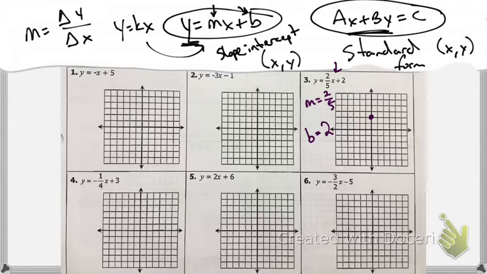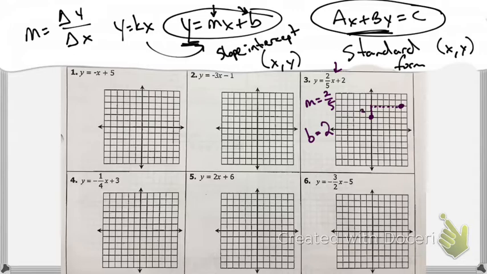But I know that the slope tells me that the relationship between this spot and the next spot is a rise of 2 and a run of 5. Because slope is rise over run. So that means if I rise 2 and I run 5, 1, 2, 3, 4, 5, I know there has to be another point on my graph there.